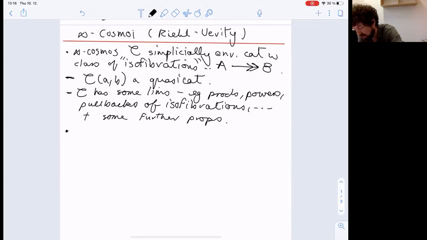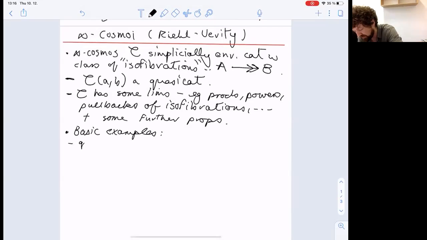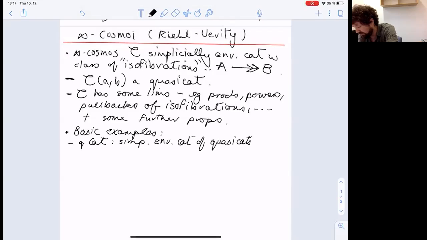Okay, so what's the idea of it? The idea is that infinity categories themselves tend to assemble, at least in good cases, into an infinity cosmos. Amongst the basic examples, we have the simplicially enriched category of quasi-categories, or infinity-one categories, as they're sometimes called.